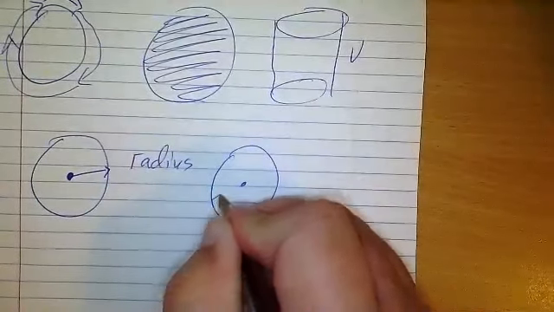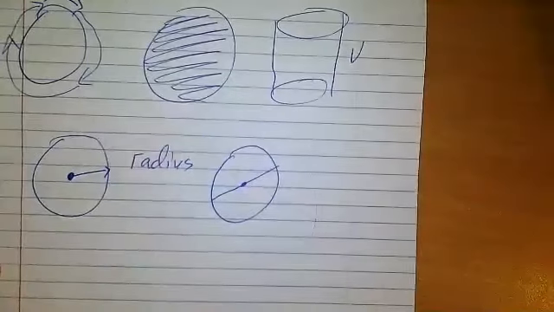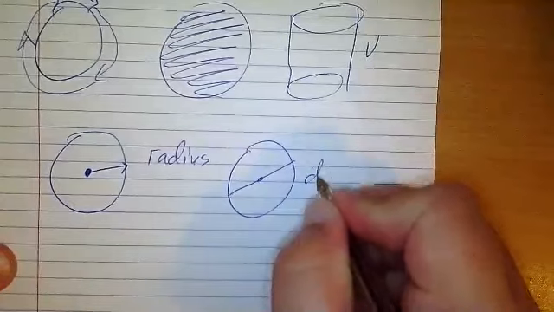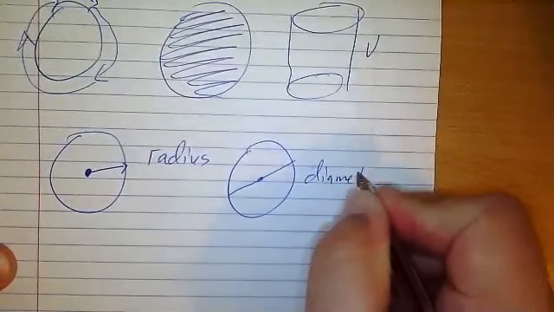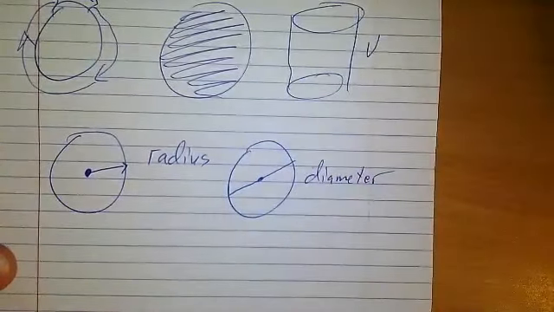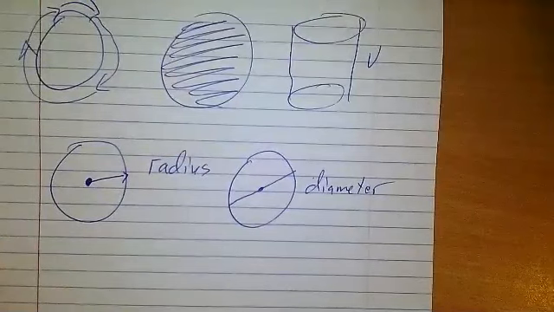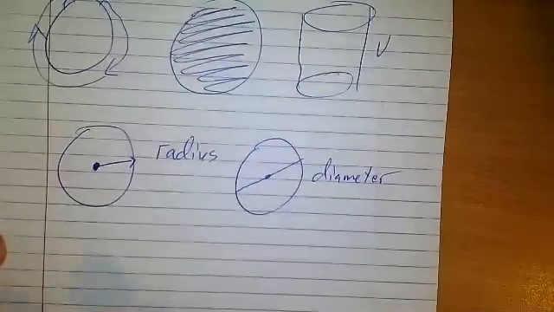A line that goes from one side of the circle to the other and passes through the center point is called the diameter. Both of these are used for different types of problems with circles. Both of them can be used, all right?